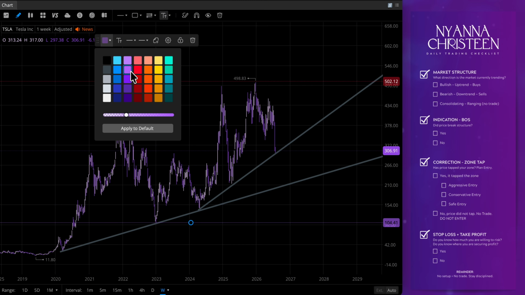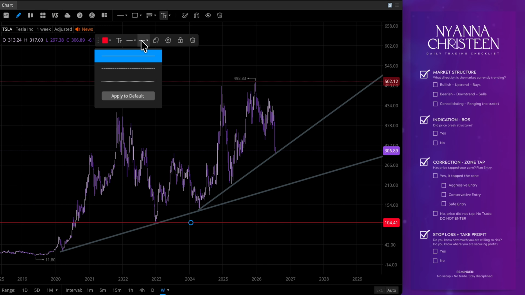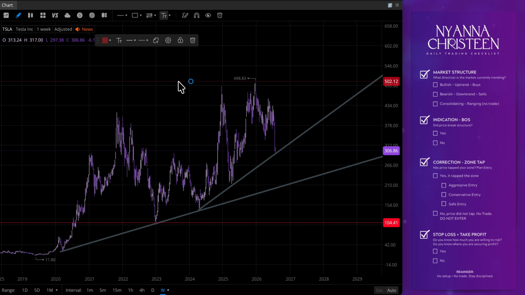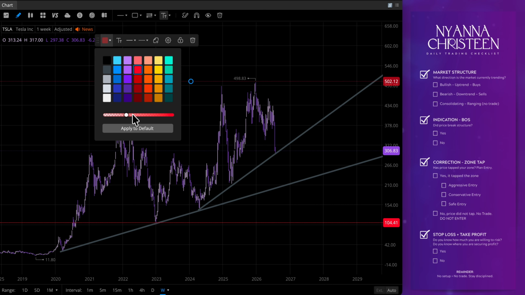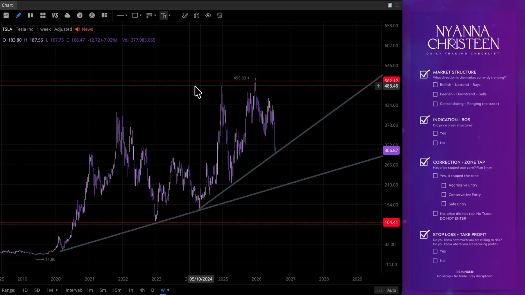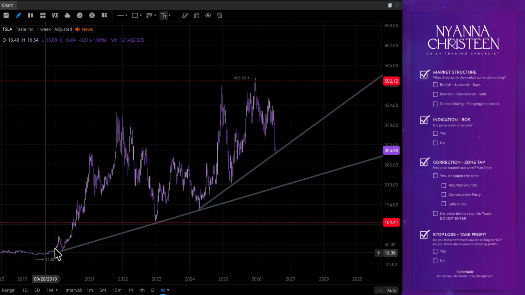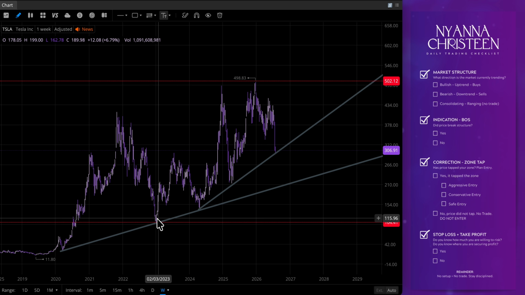I don't like to have too many lines, because I want price to be able to breathe. So this is the all-time high, and this is the lowest. I know there's other lows, but the chances of price coming all the way down here, at least anytime soon, is not important. So I will mark this as the low.